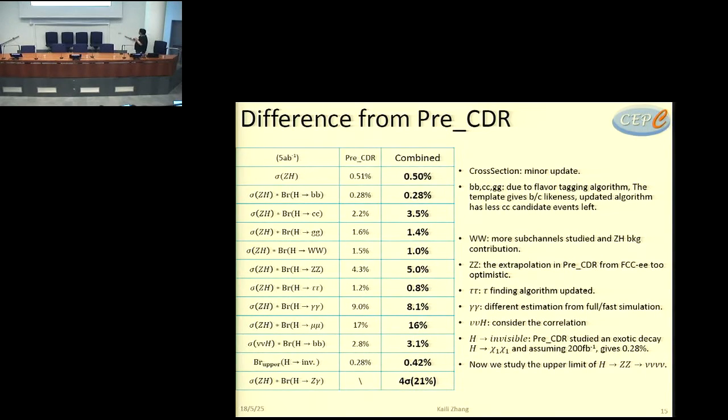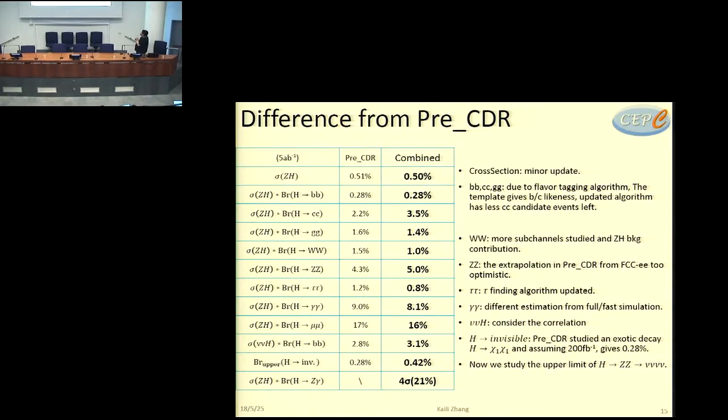And here in slide 15, I will explain the difference between the pre-CDR and the current result. For the cross-section, there are minor updates, and for the bb, cc, gg results, this is due to the different flavor tagging algorithm.